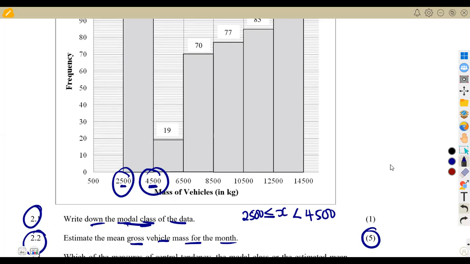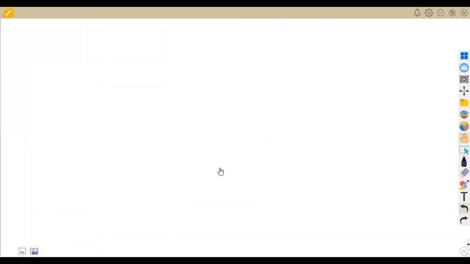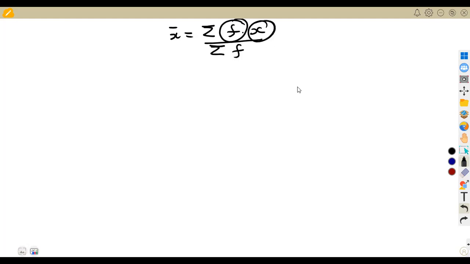When dealing with grouped information, how do we calculate the mean? We know that under grouped information, the mean value can be taken from the sum of the frequency times the class midpoints over the sum of the frequency, which is the total frequency. This is grouped, not ungrouped.